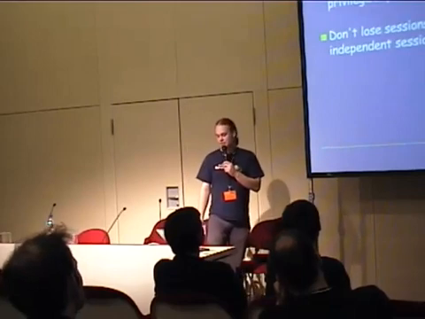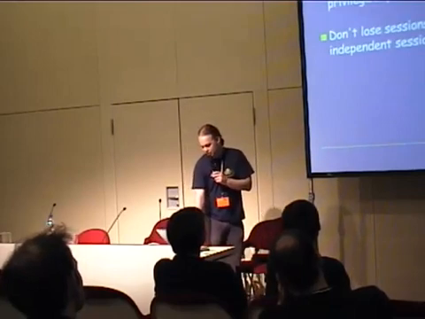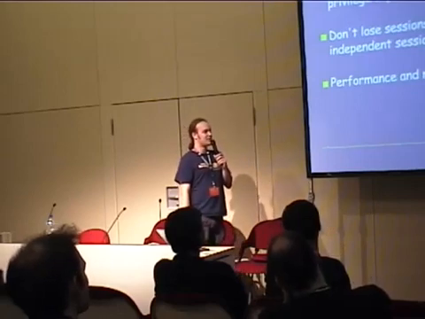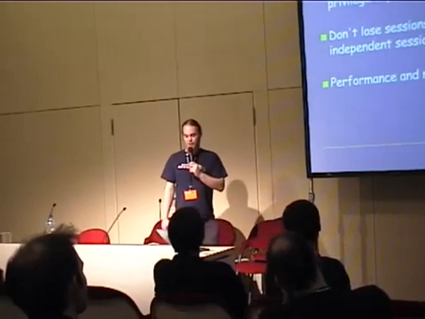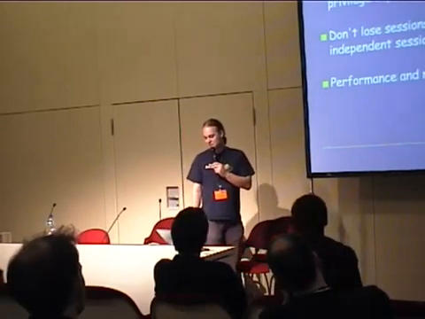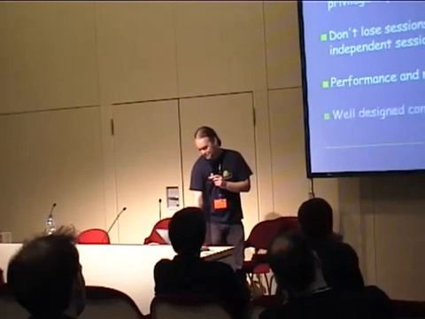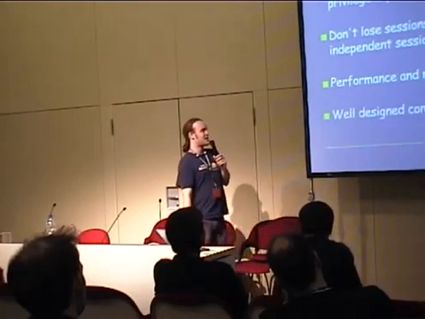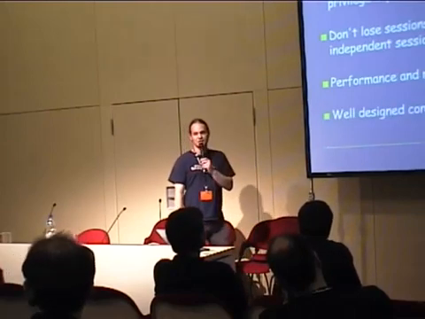This results in the requirement of a fairly independent session engine, which is only responsible for keeping the sessions up. And of course, we want to be performant and memory efficient. The full BGP table has 150,000 entries, so memory efficiency is really a point here. Of course, we want a well-designed configuration and filter language.